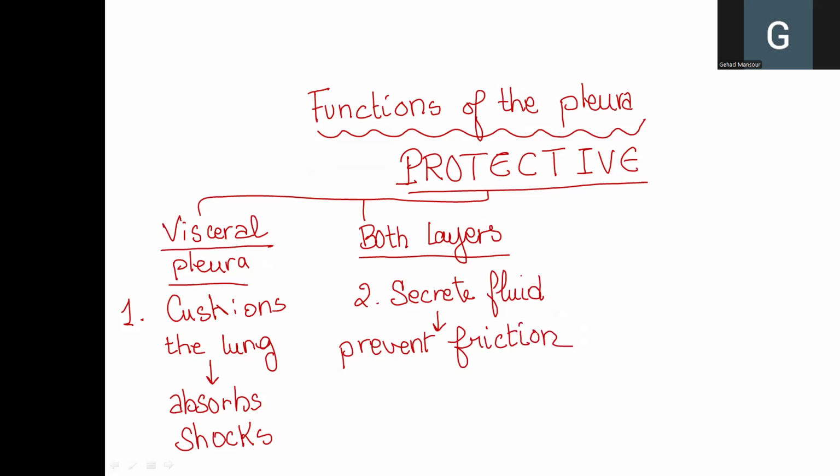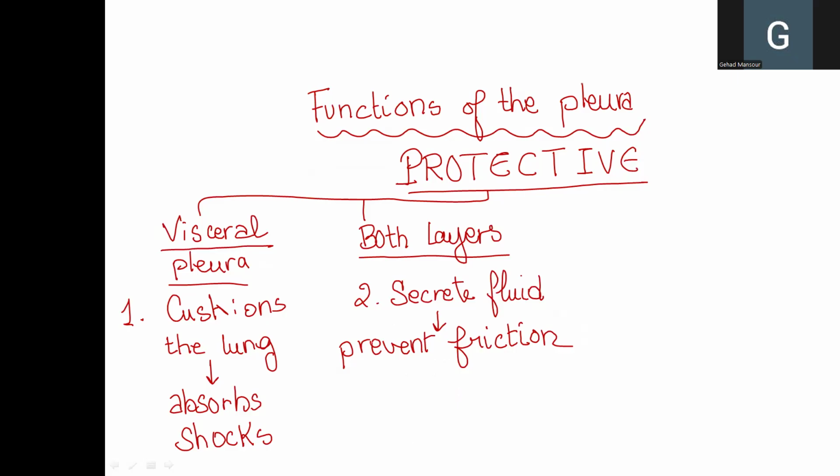Because there are all the time movements of inhalation and exhalation, expansion of the lung and contraction of the lung. So these expansive and contractive movements result in movement of the visceral layer and the parietal layer over each other.